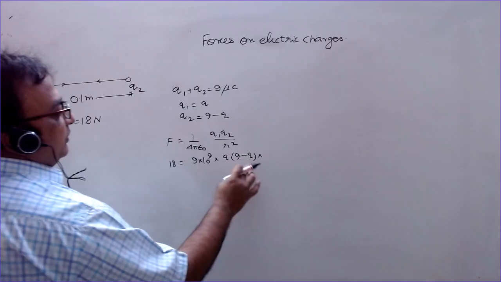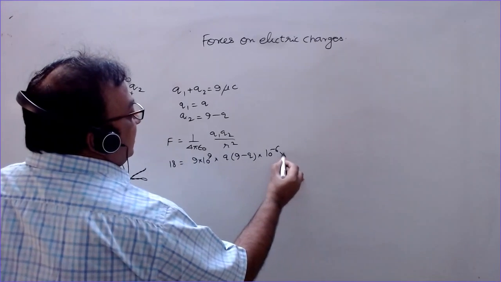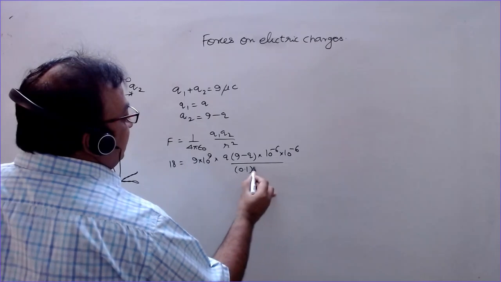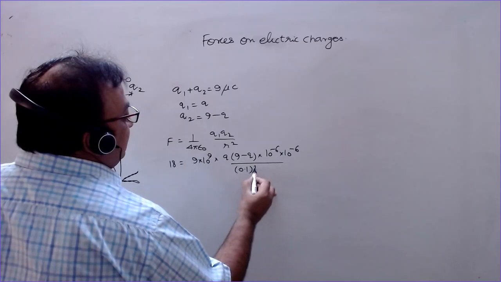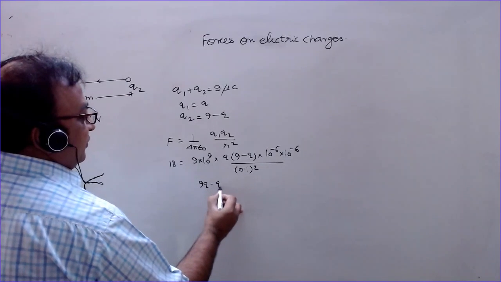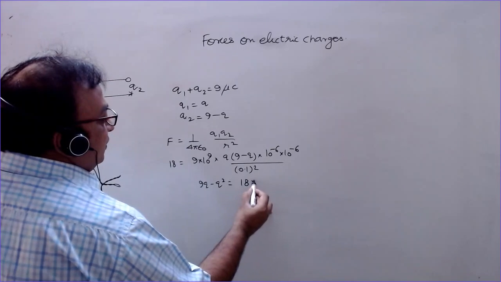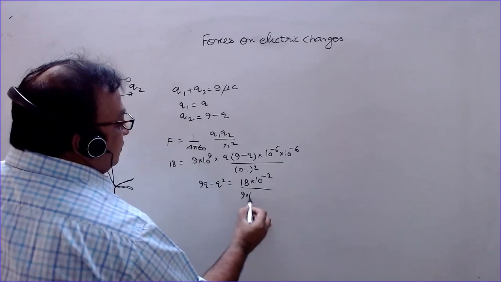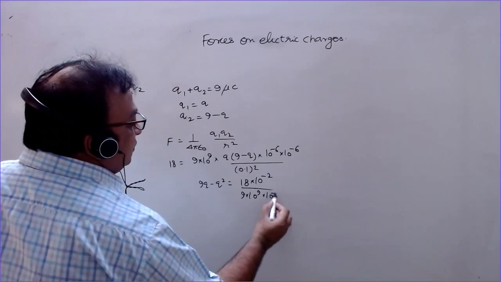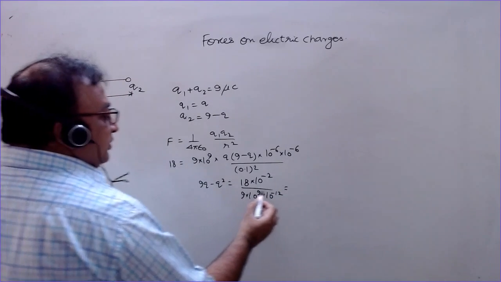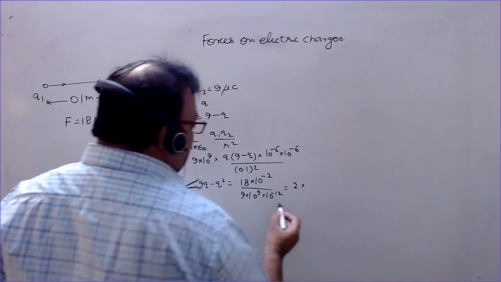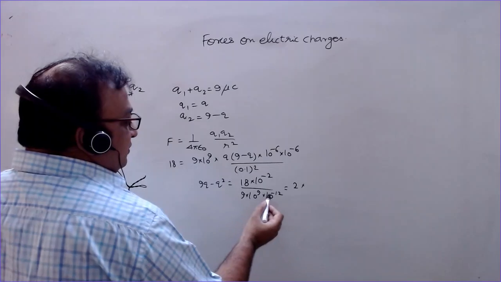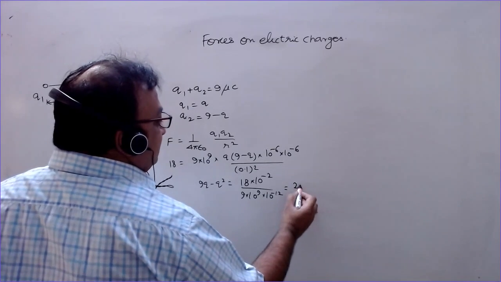So 10 to the power minus 6 into 10 to the power minus 6 divided by 0.1 whole square. 9Q minus Q square equal to 2 into 10 raised to power, this 9 into 2 is 18, 10 to 20.